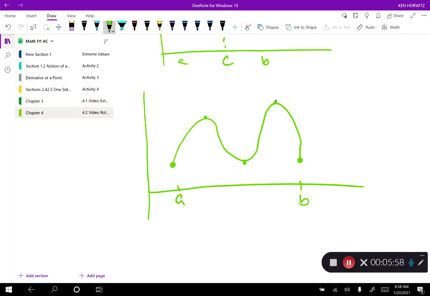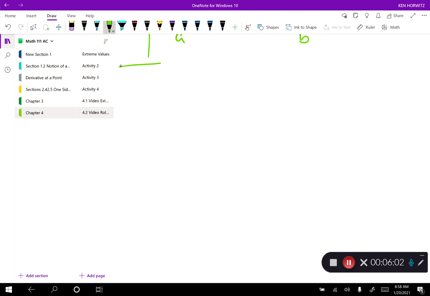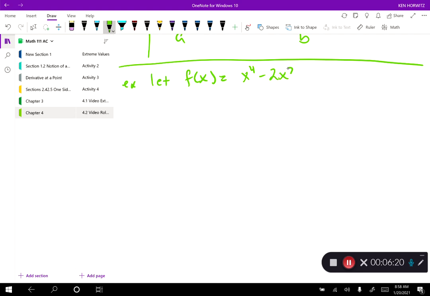All right. So here's an example that will further illustrate Rolle's theorem. Let f(x) equal x to the fourth minus 2x squared.